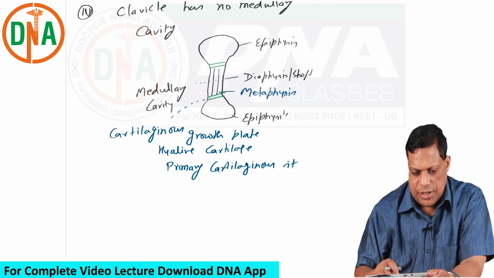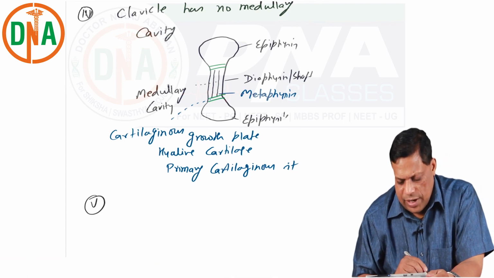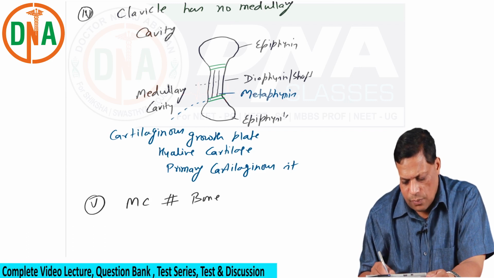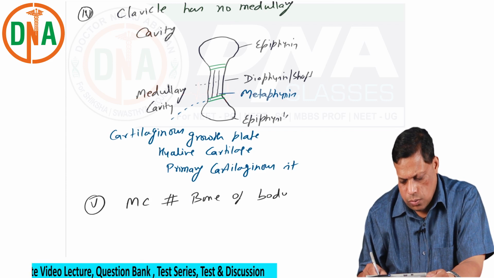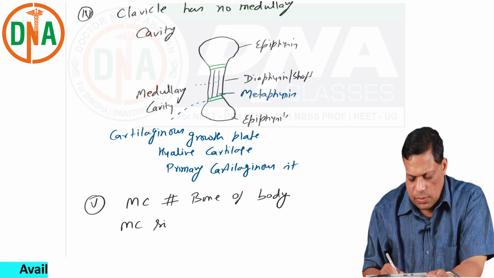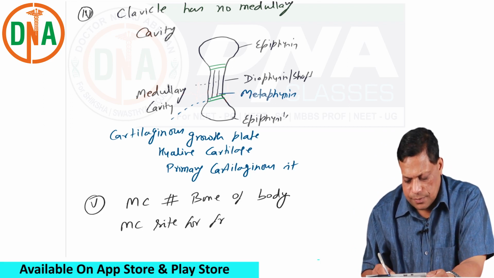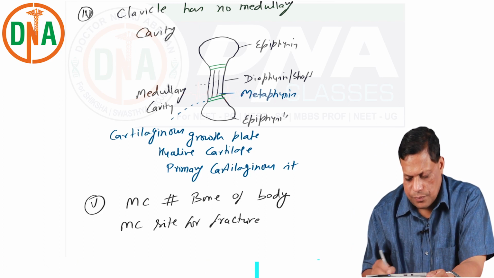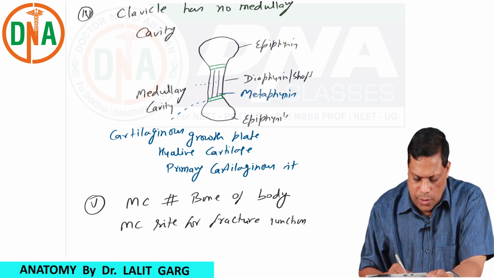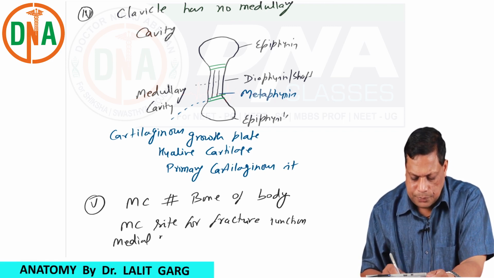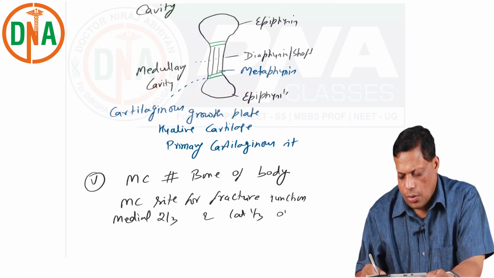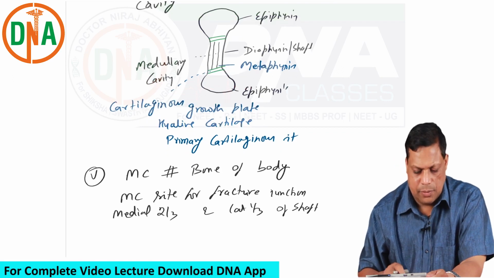Now the next point is, clavicle bone is the most commonly fractured bone of the body, and the most common site for fracture is the junction of the medial 2/3 and lateral 1/3 of the shaft of the clavicle bone.